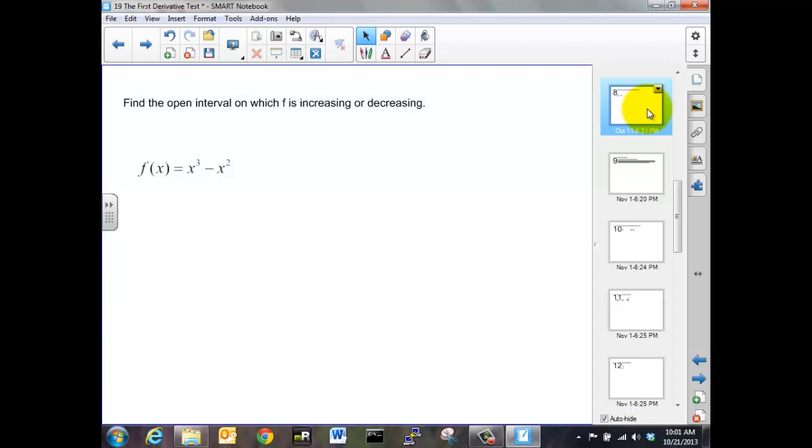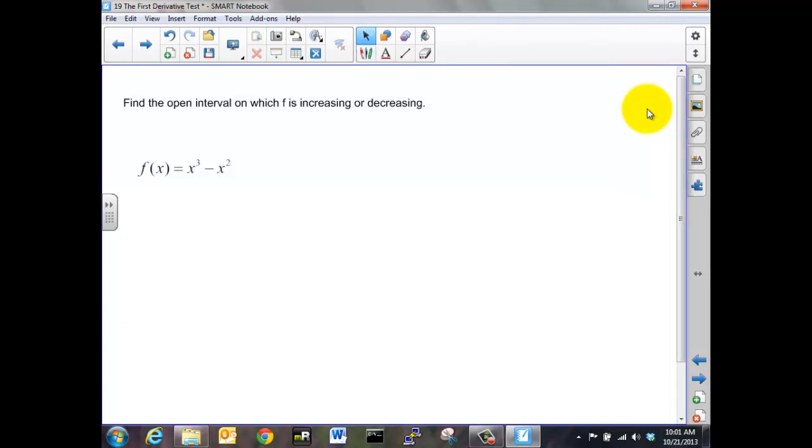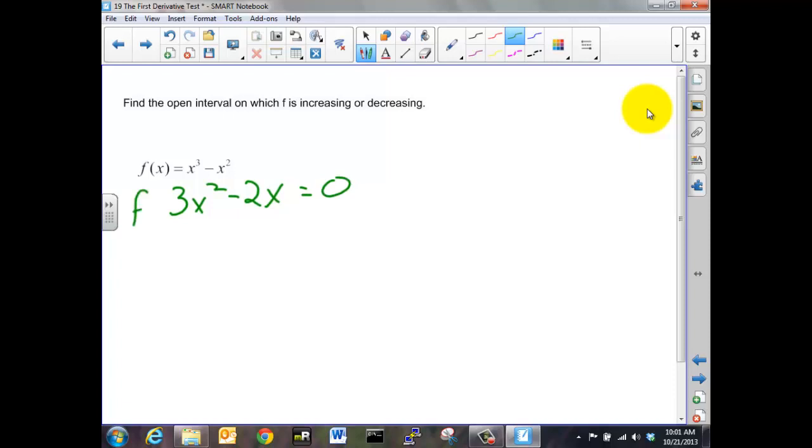For the sign line part, the sign line's for the derivative, so you're plugging them into the derivative. Get in a better habit than your teacher is and label everything as you do it.